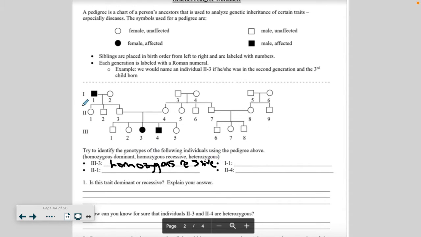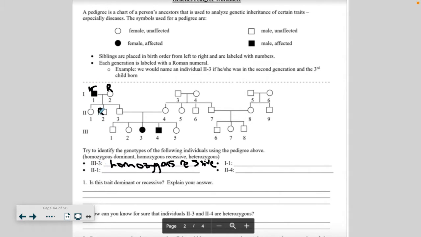So then for Roman numeral 2, we see that we have an individual here that is not filled, okay? So that means they carry the dominant allele. So let's just say that we're going to use R. Let's just pick a letter, R, right? Now look at the parents, all right? So if they don't have the trait, they are big R, but if you do, you're a little r, right?